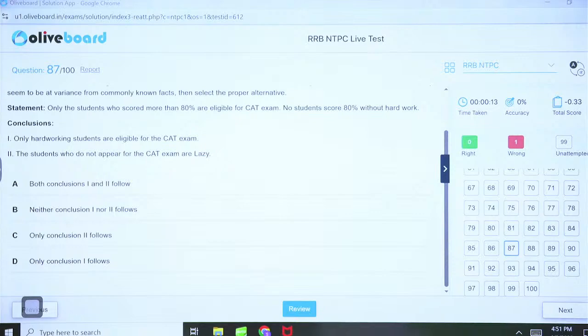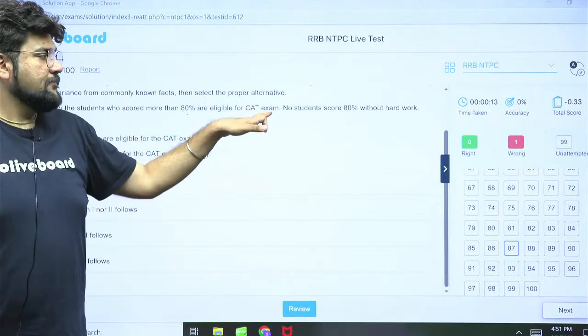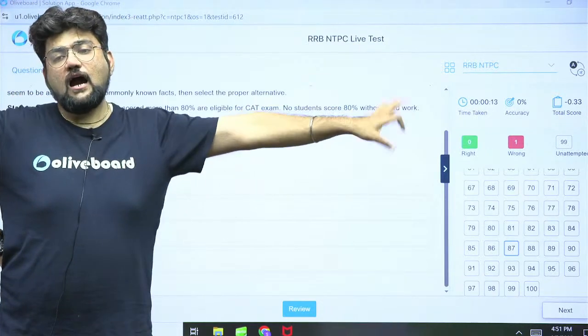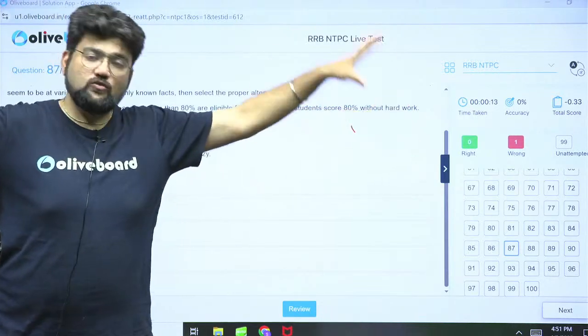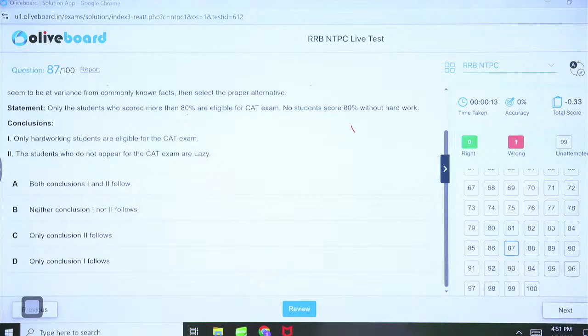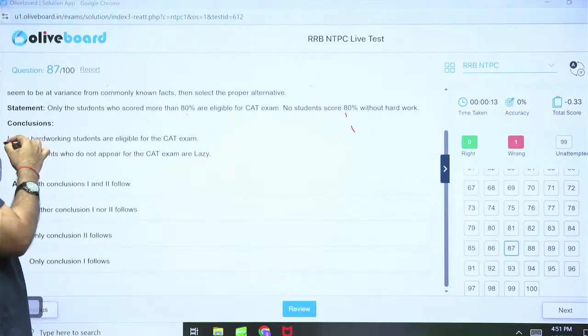Is it true? Only those who score more than 80% are eligible for CAT, and 80% is also being scored only by hardworking students, because no student can score 80% without hard work. So hard work is necessary for 80% and above. If hard work is necessary, only those who are hardworking will score 80% and above and sit for the CAT exam. So this one is correct.